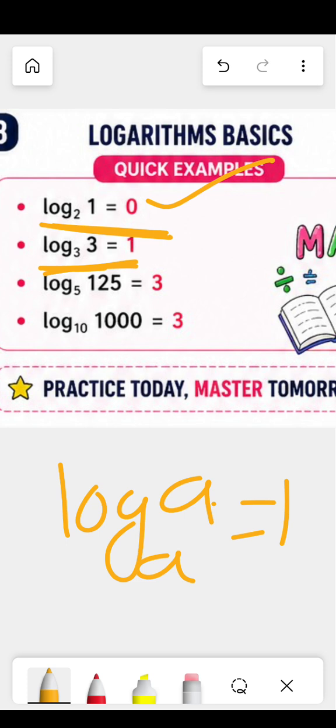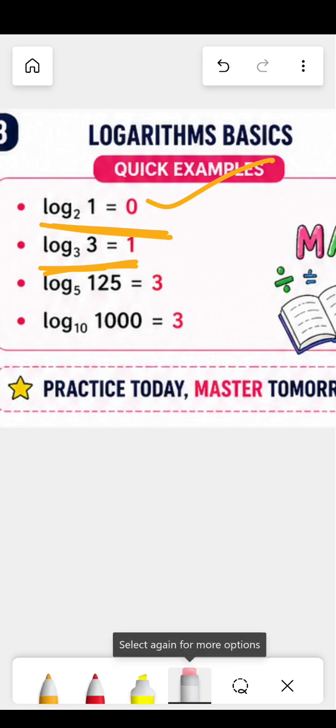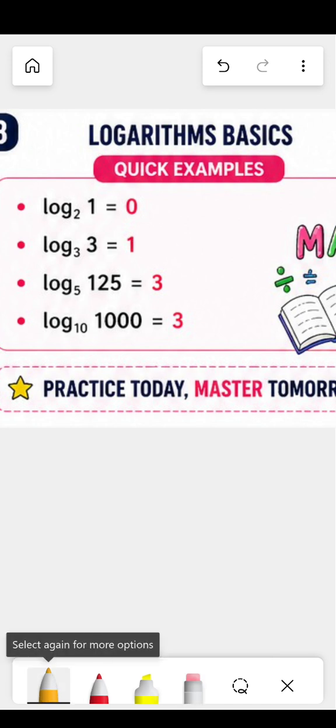Next, log 125 base 5 is equal to 3. How is log 125 base 5 equal to 3? Listen carefully here. 125 can be written as 5 into 5 into 5, 5 power 3. Base is 5.